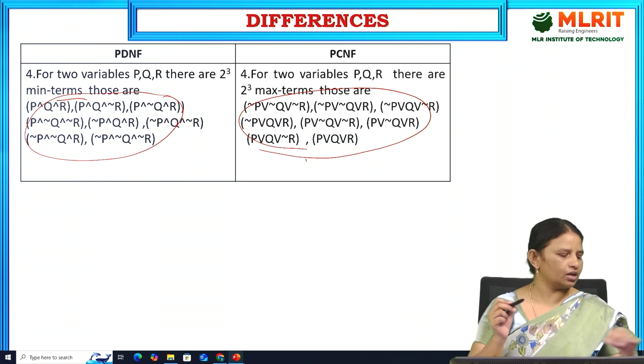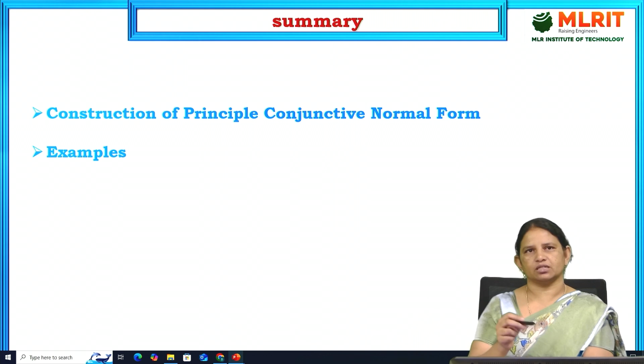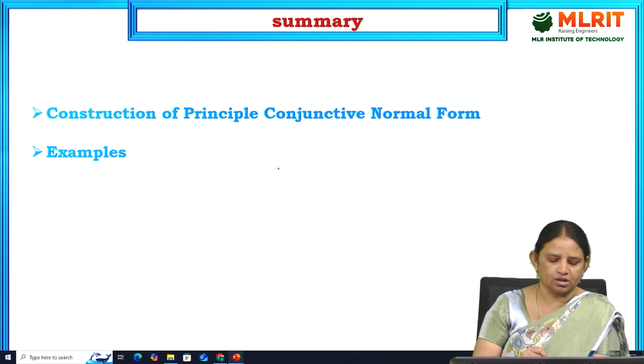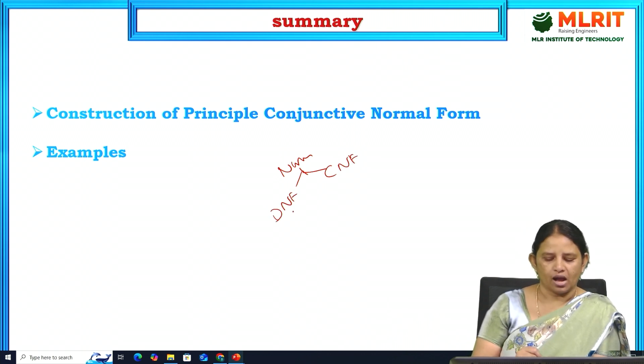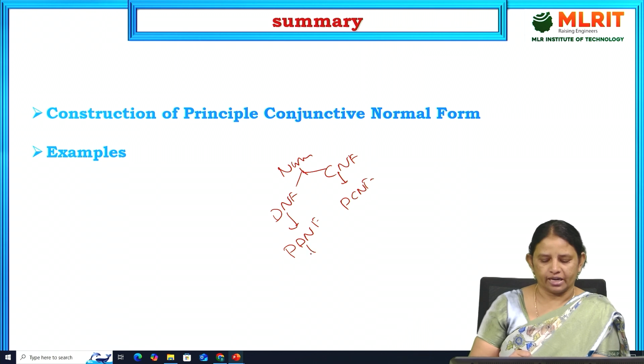So coming to the conclusion, what we discussed in the case of normal forms: what is meant by normal form? What are the different classes of normal form? That is the disjunctive normal form and the conjunctive normal form. Again, in the case of disjunctive normal form, PDNF. In the case of CNF, again there is a PCNF. For PDNF, there are 2 methods.